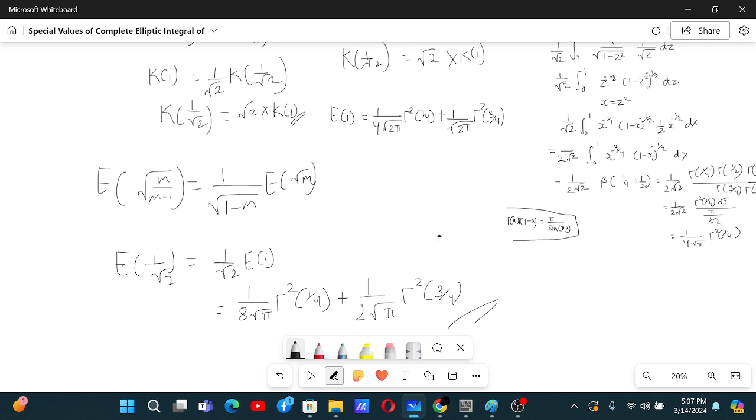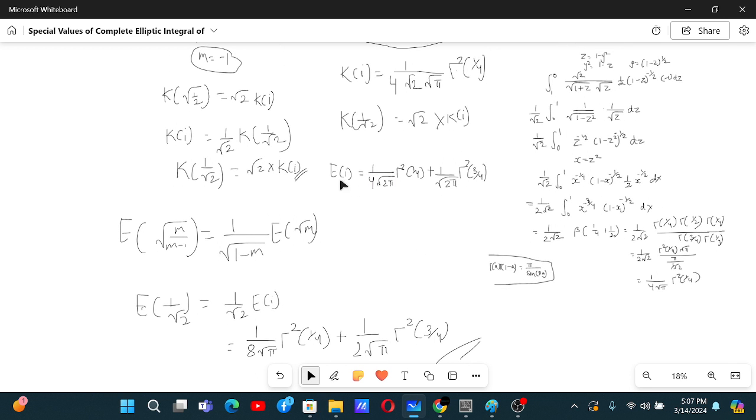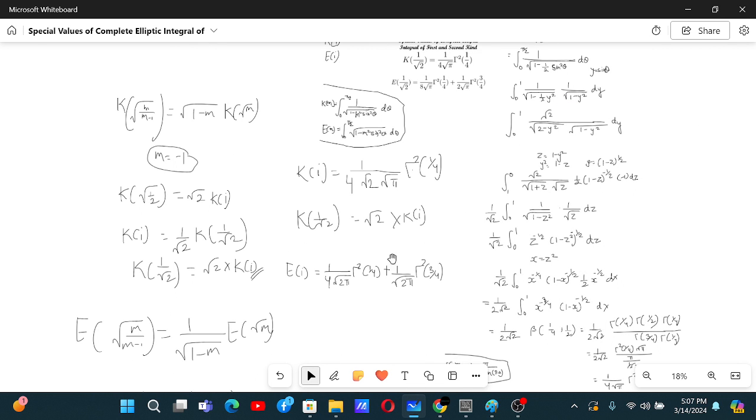So that is it. We have also found its value. And if you want the derivation of this formula, do check my playlist. I have already derived this manually by going through all the integration process.